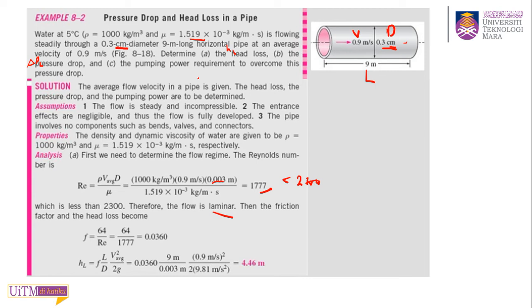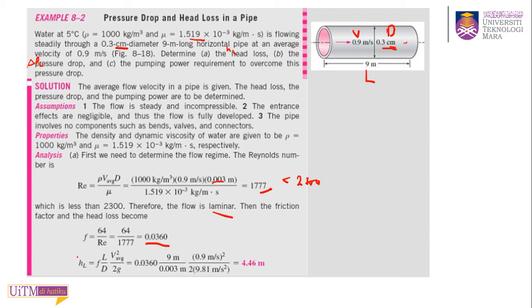So after we know that this is laminar flow, we can simply use this equation to get the friction factor. We don't have to use the Moody chart because this is laminar flow. Just simply 64 over the Reynolds number will give you the friction factor, the Darcy friction factor. You get this friction factor because we want to find the head loss.